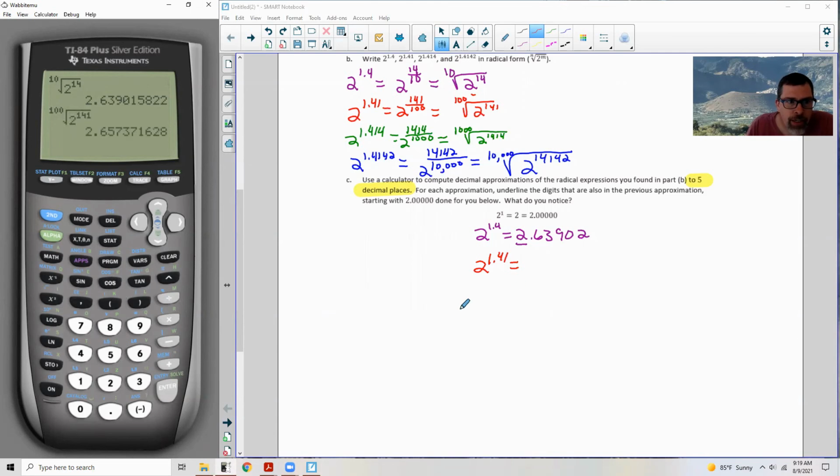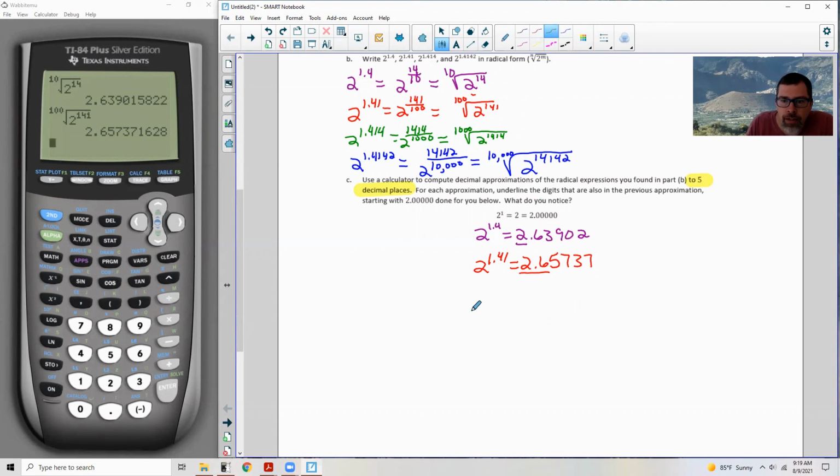I hit enter, and I get 2.657.3. And then the 7, I look at the next one, it's a 1, so that's going to truncate to 7. And it says to underline what we had in the prior.